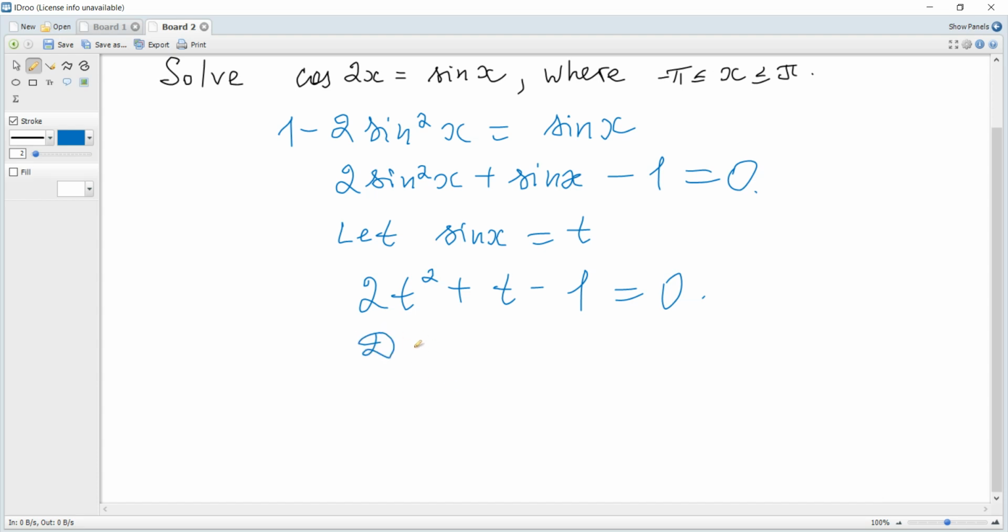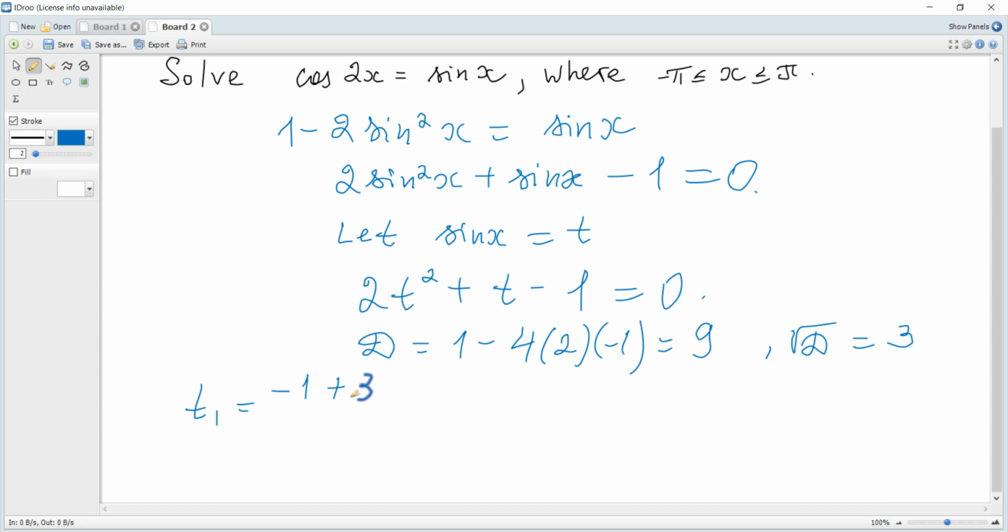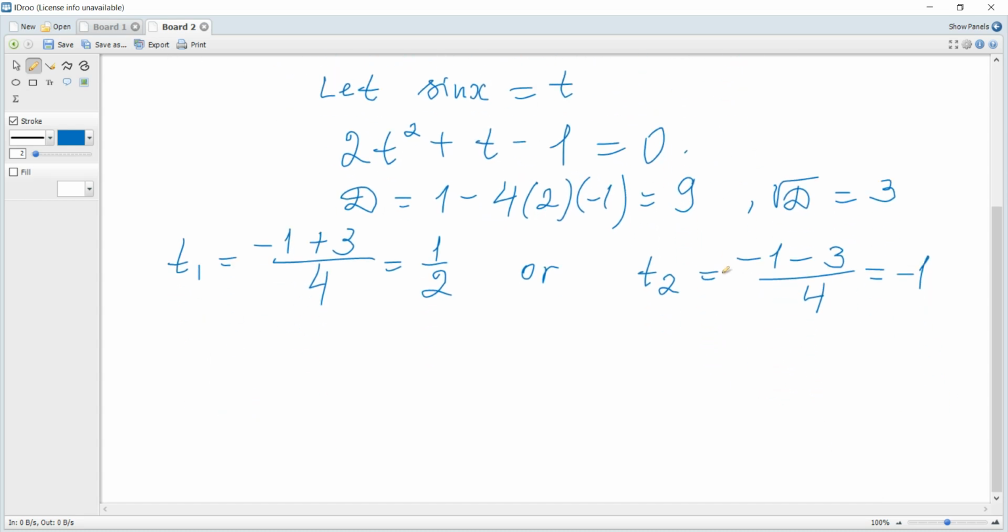So discriminant is b squared minus 4ac, so it's 1 squared minus 4 times 2 times negative 1, which is 9, and the square root of discriminant is 3, and roots are negative b plus root d over 2a, so it's a half, and another root is negative b minus root d over 2a, so it's negative 4 over 4, which is negative 1.